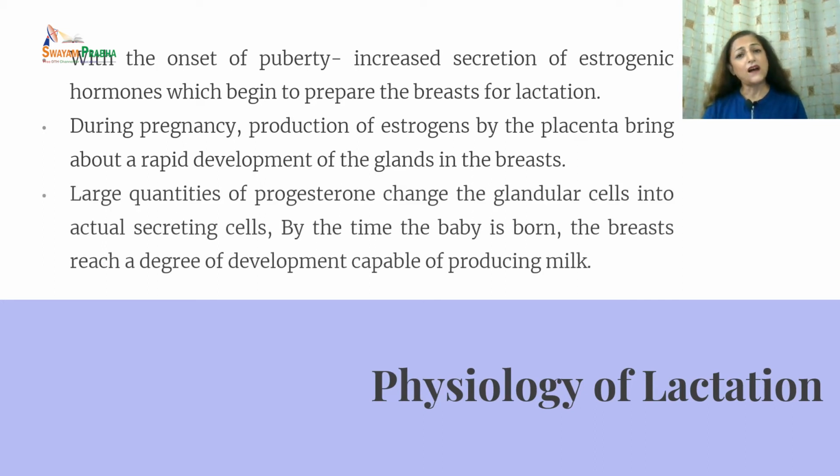And large quantities of progesterone, which is another hormone, change the glandular cells of the breast into actual secreting cells. By the time the baby is born, the breast reaches a degree of development which is capable of producing milk. So now let us first understand the structure of the breast.